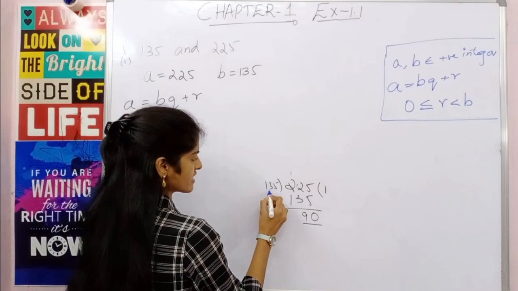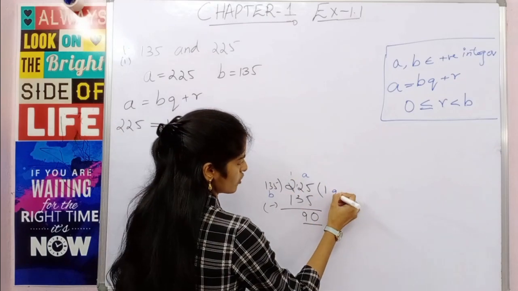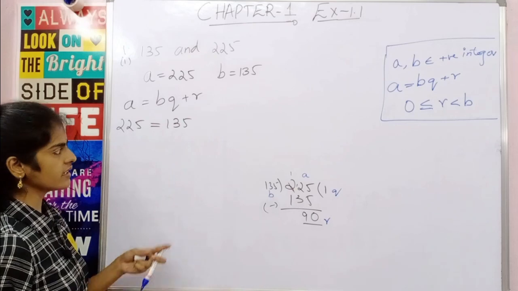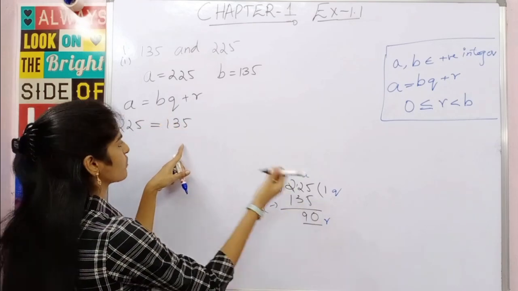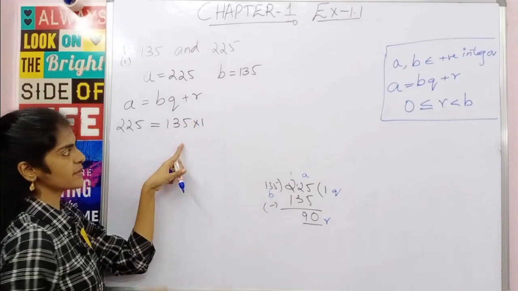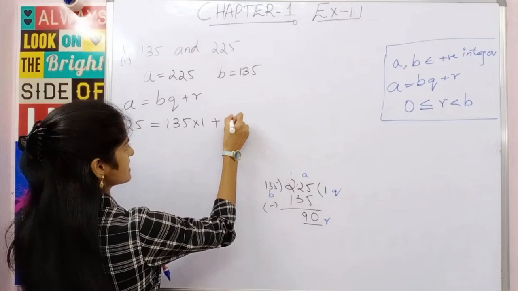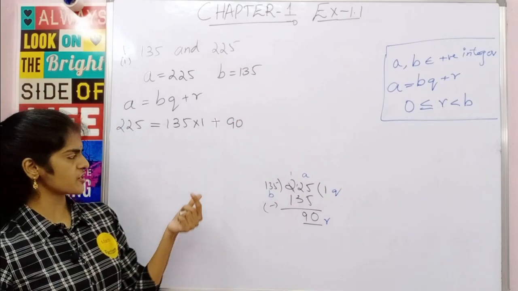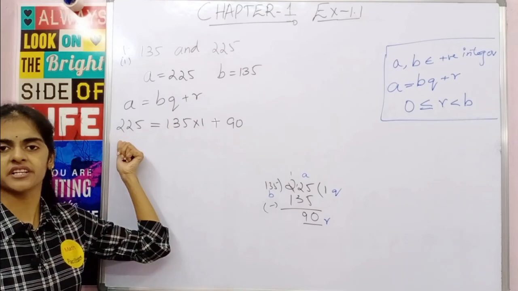The divisor which we have taken is represented as B, the dividend is A, the quotient is Q, and the remainder is R. So B is 135, Q is 1, multiplied by 1 plus the remainder 90. You can also cross check: 135 ones are 135, plus 90 gives you 225.